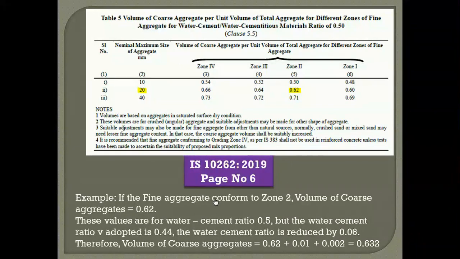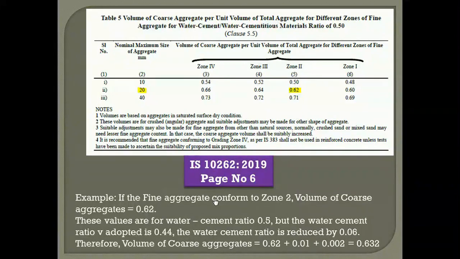Now, we have adopted a water cement ratio of 0.44. Compared to 0.5, our 0.44 is reduced by 0.06, that is 0.5 minus 0.44. The table value is given for 0.5, so our water cement ratio is reduced by 0.06.